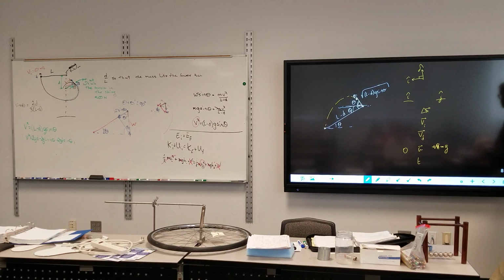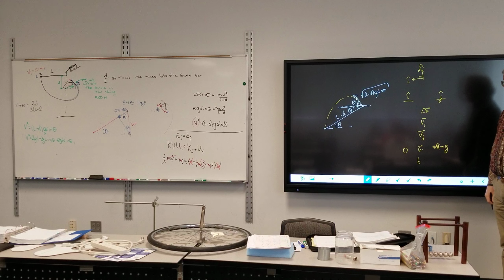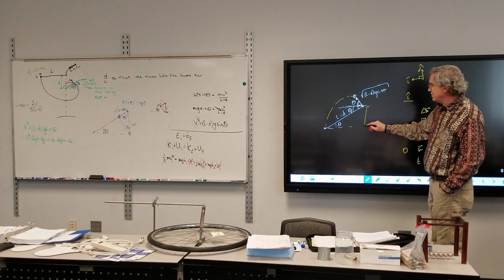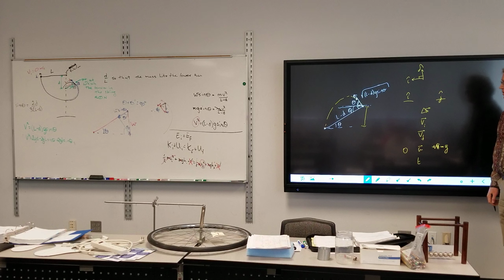For j hat, L minus D. Good. Say it again. Would the j hat displacement be L minus D? Not L minus D. Is it L minus something else? There's L minus D in it. Oh, j hat, we're looking for that distance right there. Yeah. I had L minus D, right?